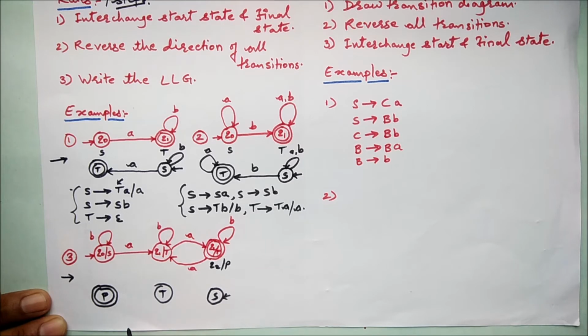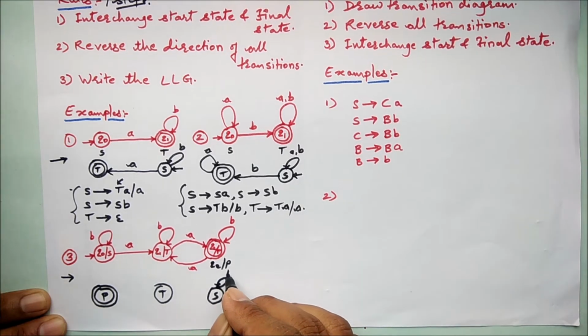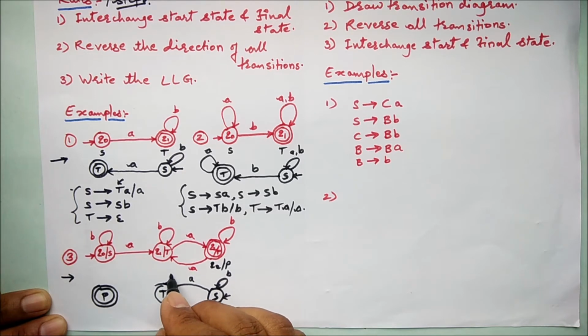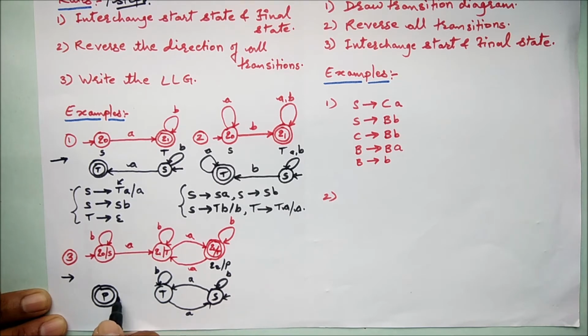And now let's reverse the transitions, my dear friends, right? So again the self loop remains here with the transition B, and this will transit to T with A, this will transit to S with A. Again it will transit to the same state with input B. T is transiting to P, and this transition remains on the loop with input B, right?